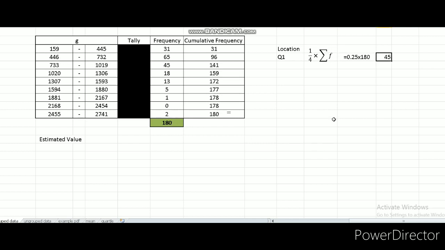So we have 45. This is the location. The 45th data will be your quartile 1. Get it? So the 45th data, let's just mark it in yellow.